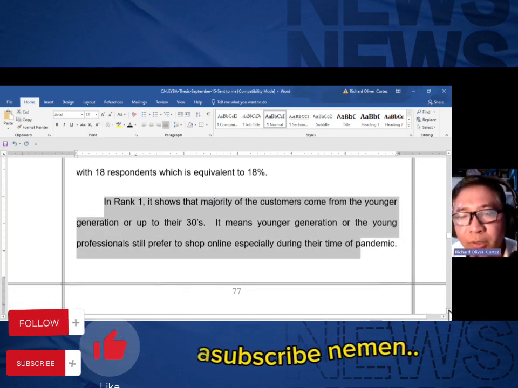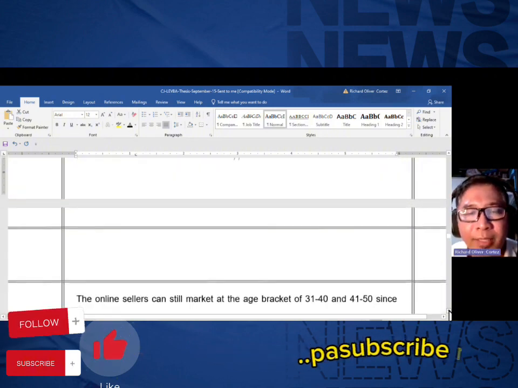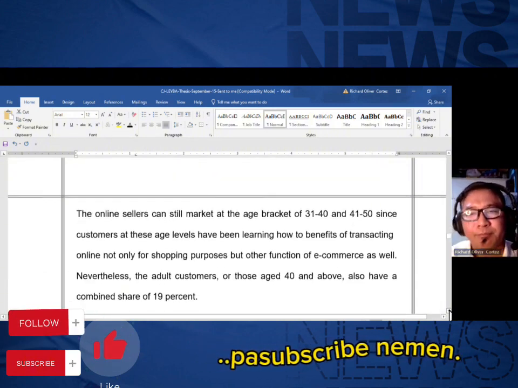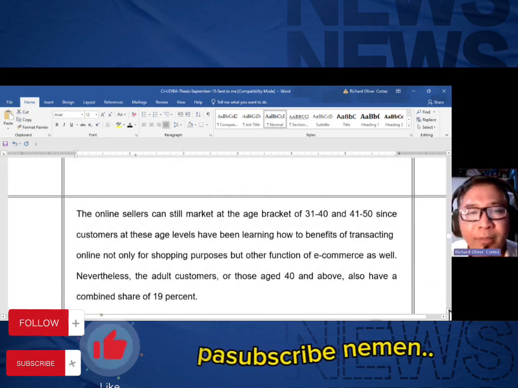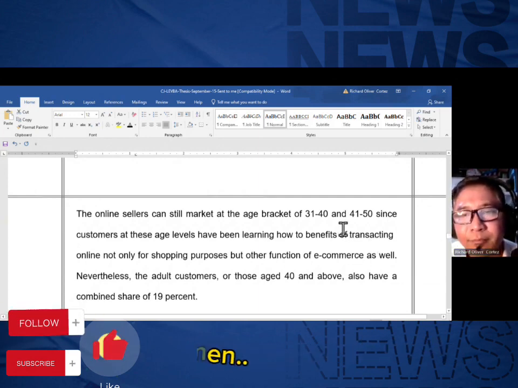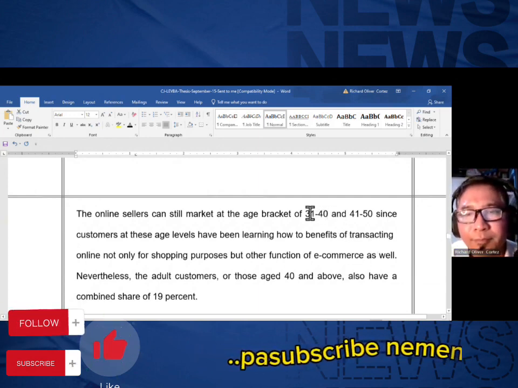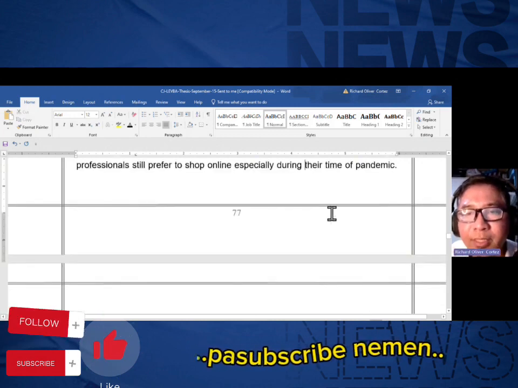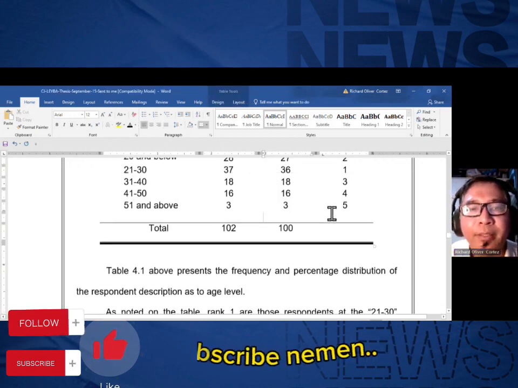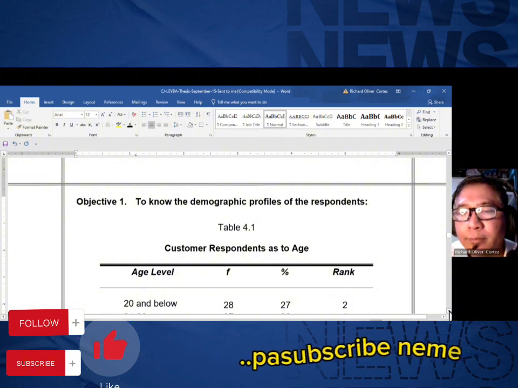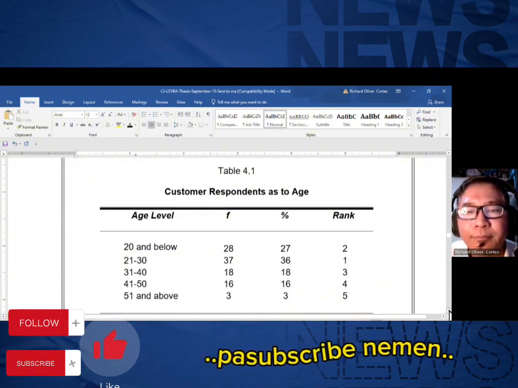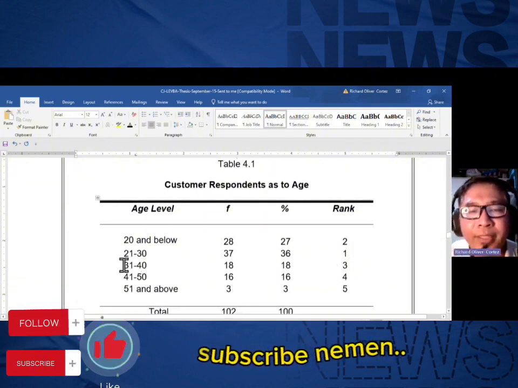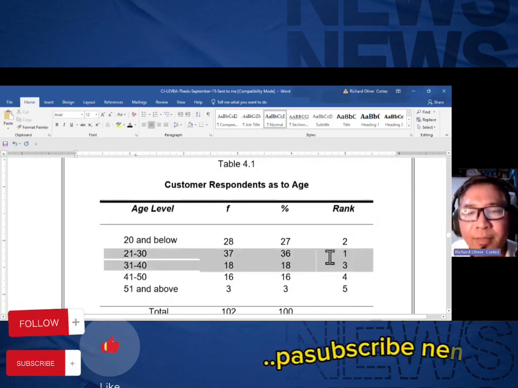And you should also discuss why rank number 2. Okay, for example, this is our rank number 2, the 31 to 40. Let's see if that is 31 to 40. And then 31 to 40 is also included. So it is rank 3.